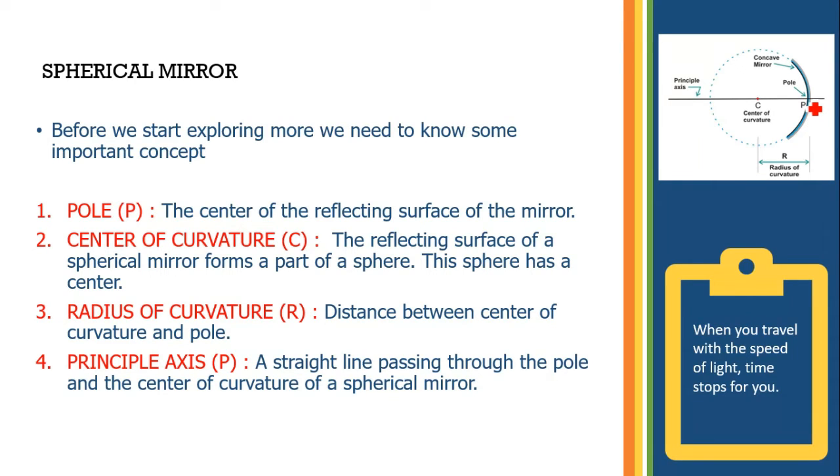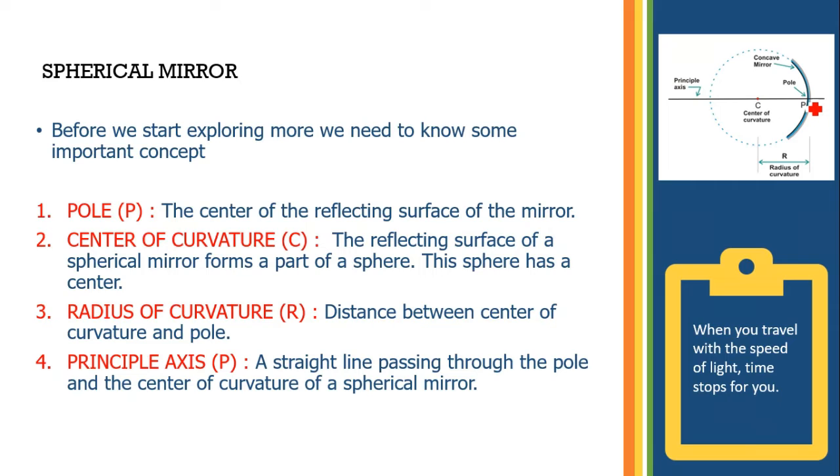So here also C, center of curvature, is center of the circle, and the second point P, which is on the circle. So we can say CP is a radius. So the distance between C and P is known as radius, or we can say the distance between center of curvature and pole is known as radius of curvature.